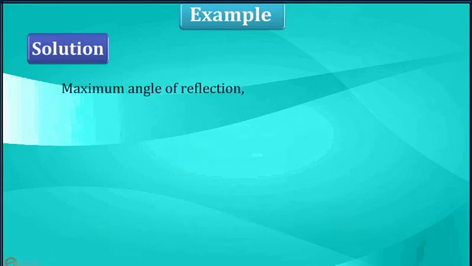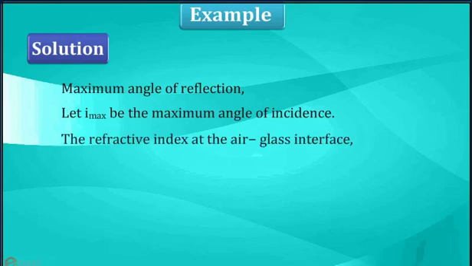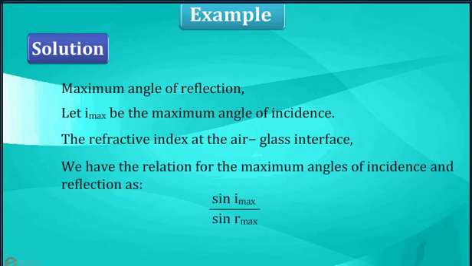Maximum angle of refraction. Let I max be the maximum angle of incidence. The refractive index at the air glass interface is mu1. We have the relation for the maximum angles of incidence and refraction as mu1 is equal to sin I max divided by sin R max.